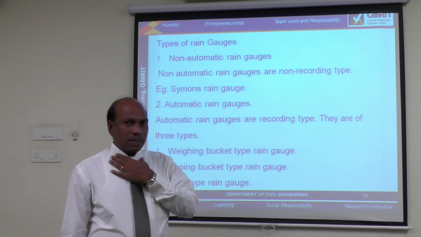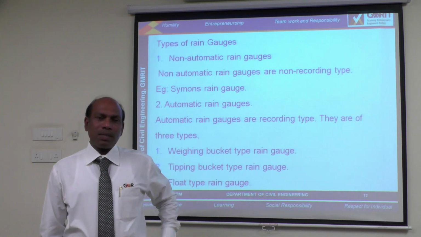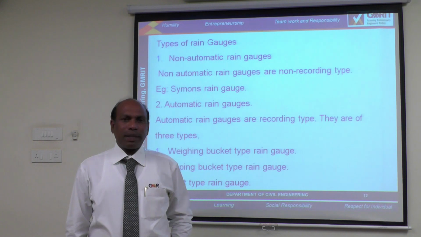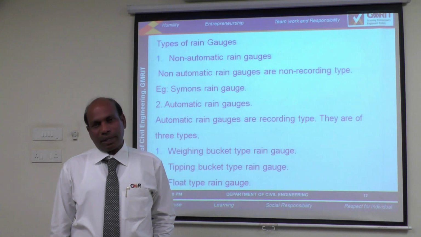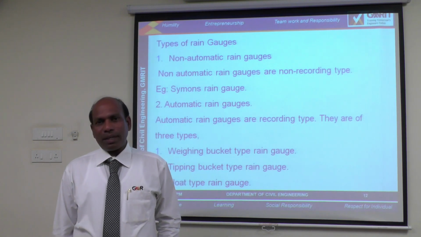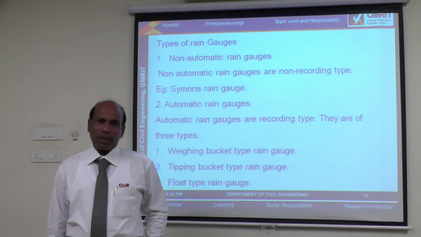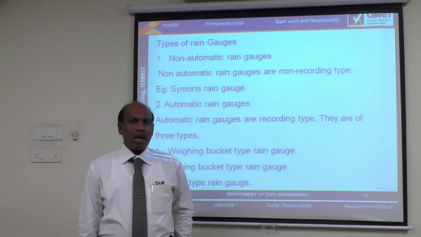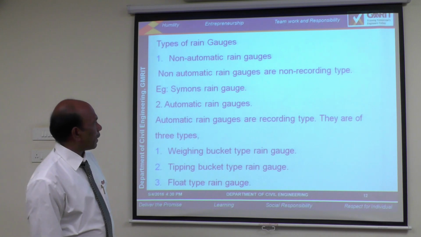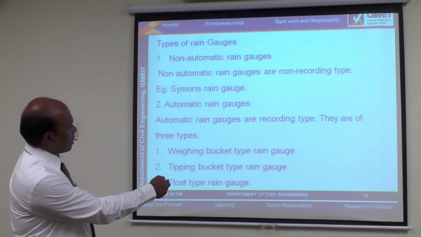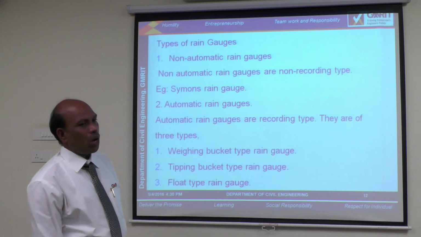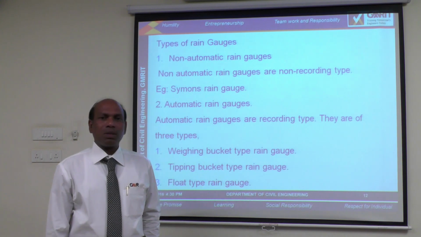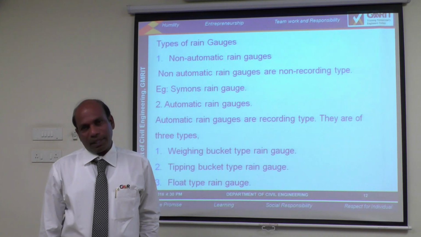Types of rain gauges. Rain gauges are mainly classified as automatic rain gauges and non-automatic rain gauges. Non-automatic rain gauges are the gauges that are used for measuring rainfall, but these are not automatically operated. Automatic rain gauges are recording type rain gauges. There is no automatic measuring mechanism in the case of non-automatic rain gauges.